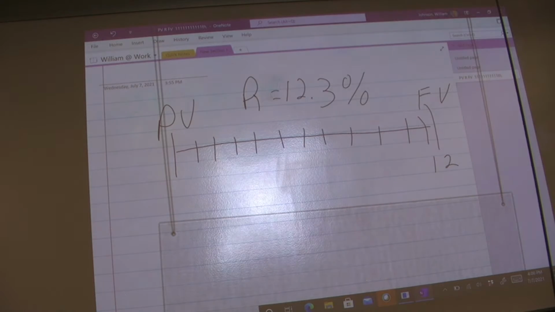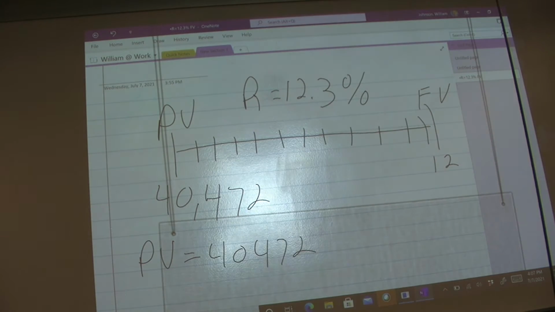So the rate equals 12.3%. And our present value is 4,472. So what we're looking for is the future value. We're given the present value equals 4,472.